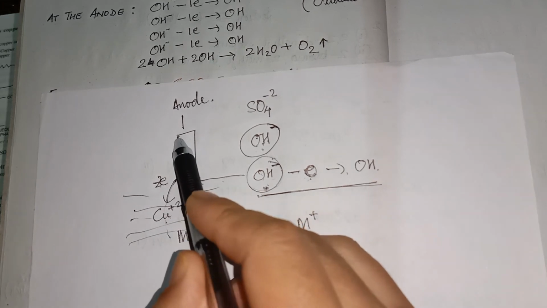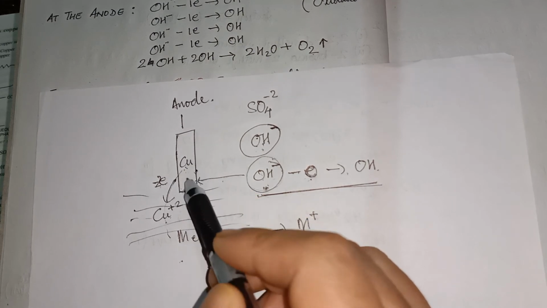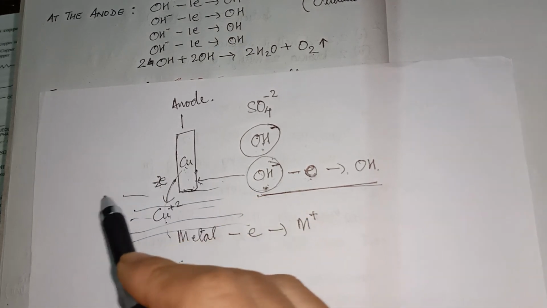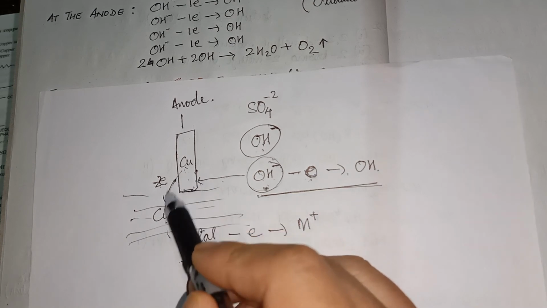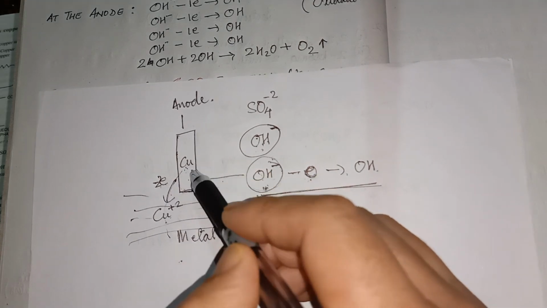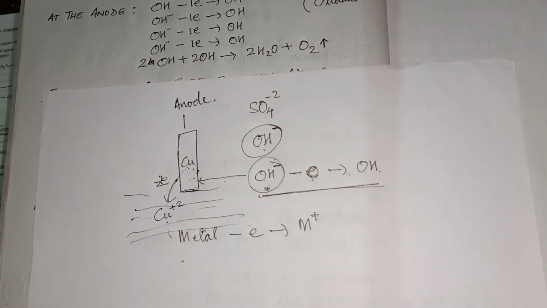Now this copper loses electron as long as the electrolysis reaction takes place, and with the passage of time this copper anode becomes thinner and thinner due to the oxidation reaction taking place over there.